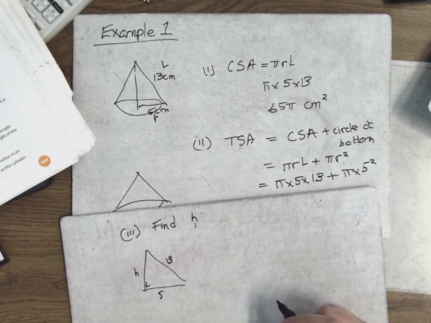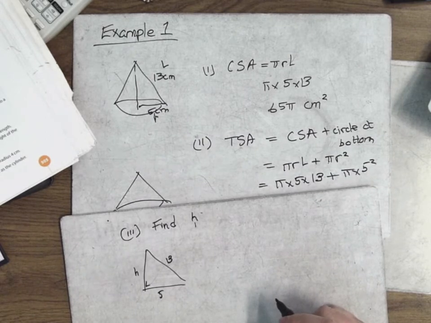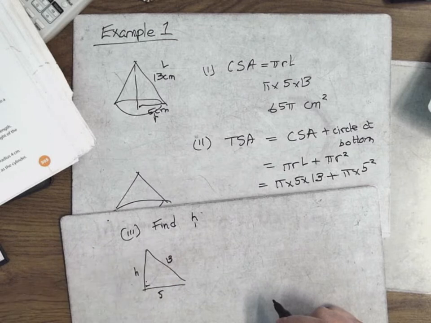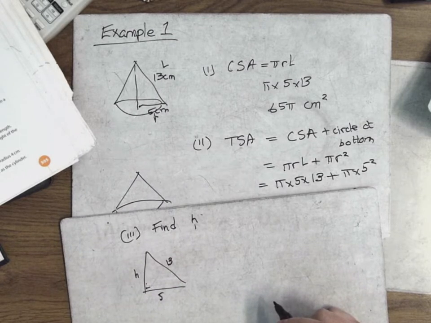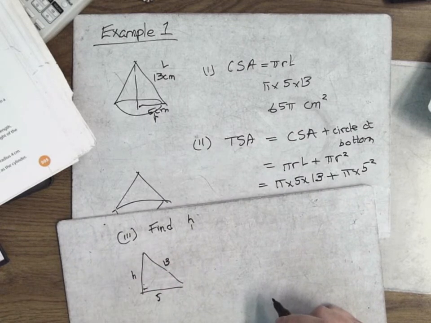So Pythagoras' theorem says the square of the hypotenuse is equal to the sum of the squares of the other two sides. First off, which line is the hypotenuse? The 13. It's always straight across from the right angle. It's always the longest side. So two things about the hypotenuse: it's straight across from the right angle, and it's always the longest side.